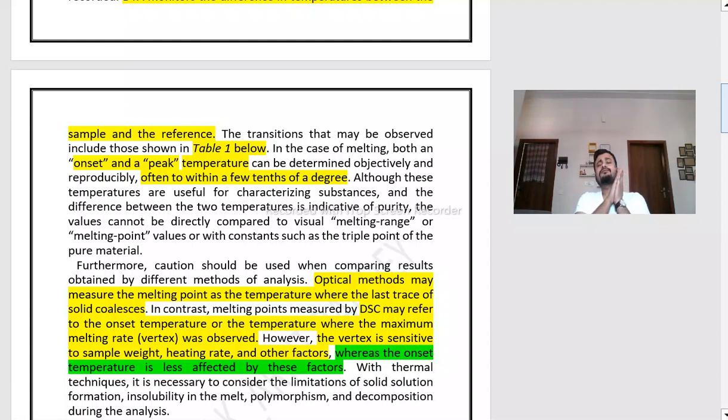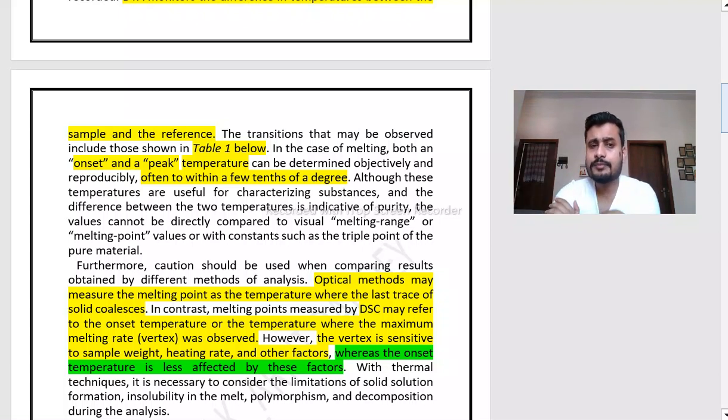If you heat a molecule and get an onset of 122 degrees centigrade and a peak temperature of 125 degrees centigrade, and we perform the preparation 5 times and observe with DSC, we get the same onset and peak temperature, with a difference of only a few tenths of a degree.